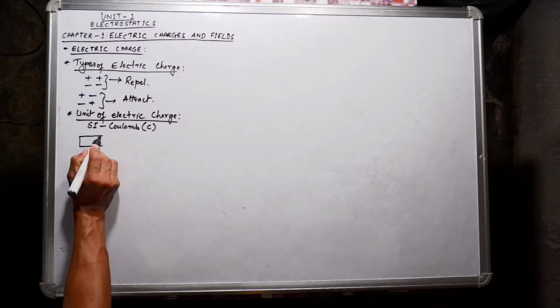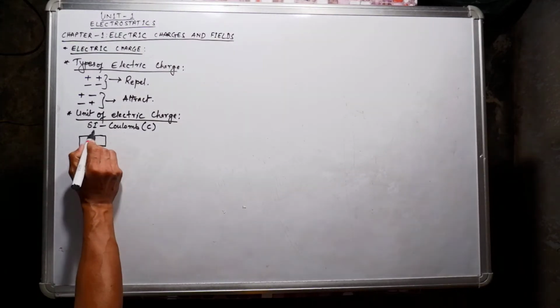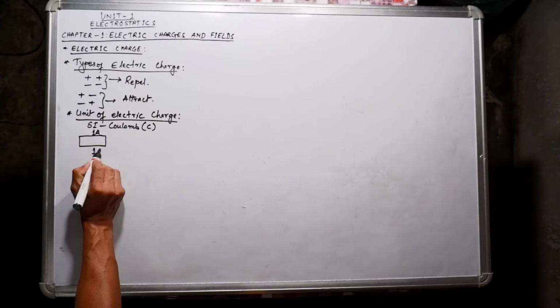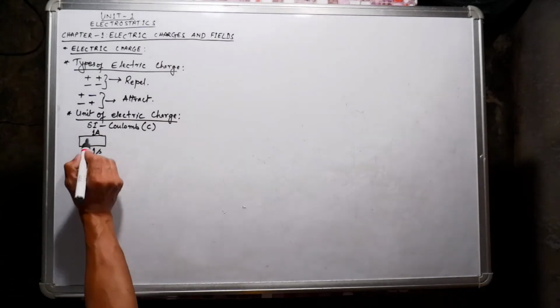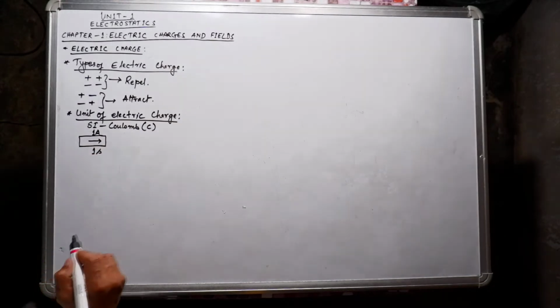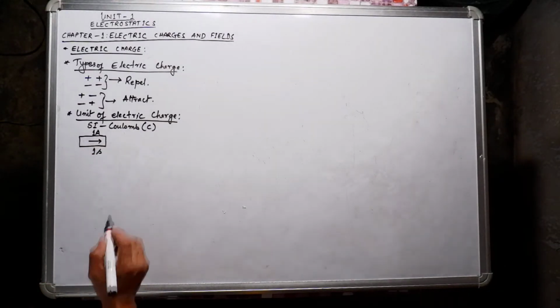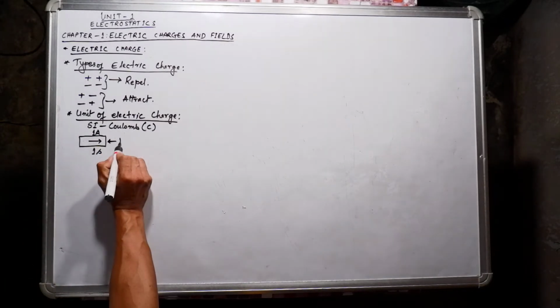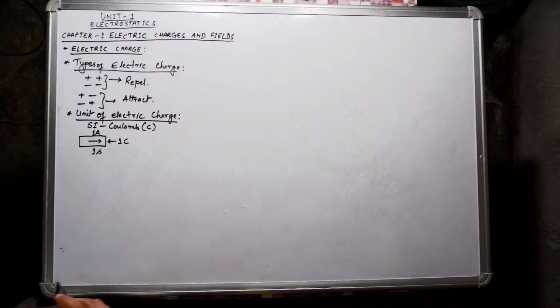If we allow a current of 1 ampere to flow through this conductor for a time of 1 second, then the charge present in this conductor is said to be 1 Coulomb. I repeat, a current of 1 ampere flowing through the conductor for 1 second gives a charge of 1 Coulomb.